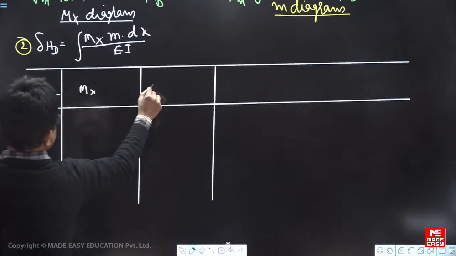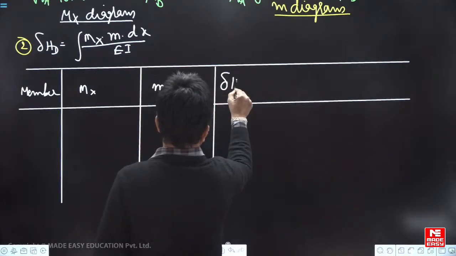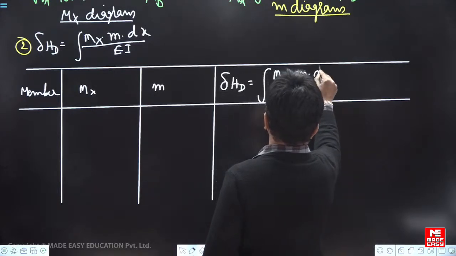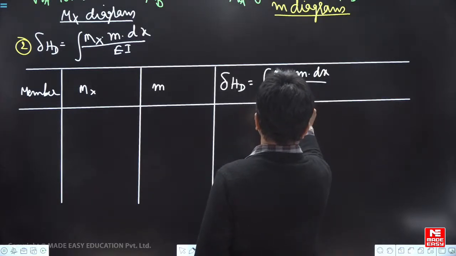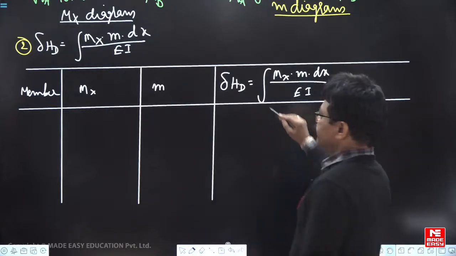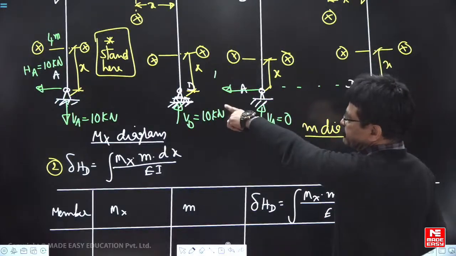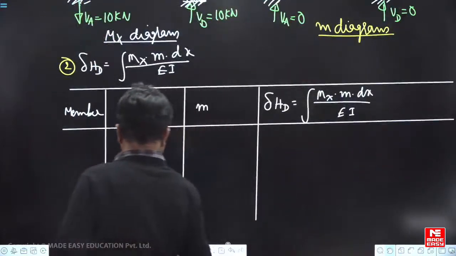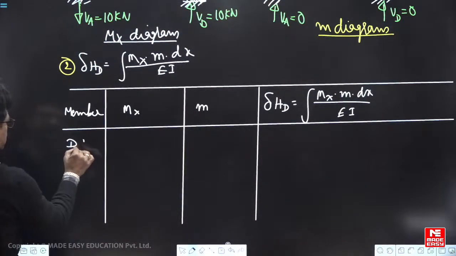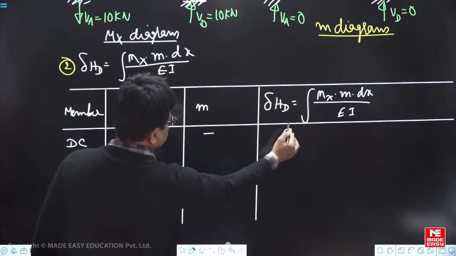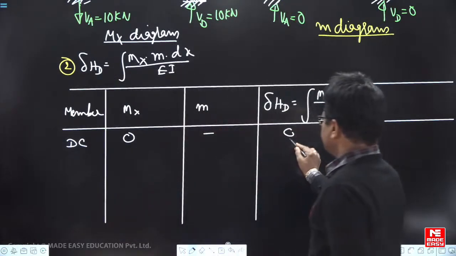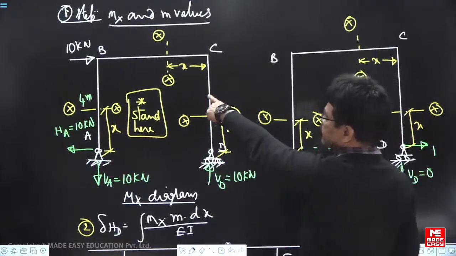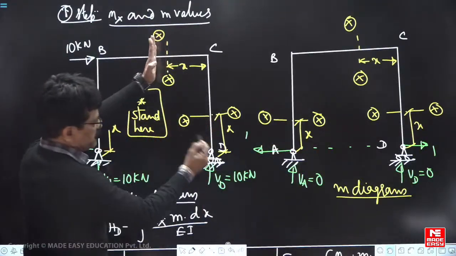See here, for the first member DC, mx is 0. You don't have to worry about this one because the product will be 0. Next, second member CB, stand here, look right side.